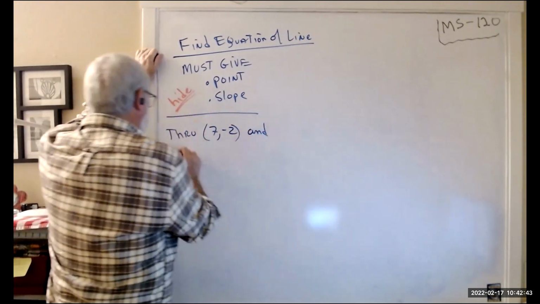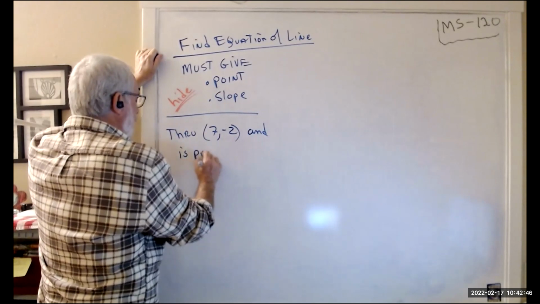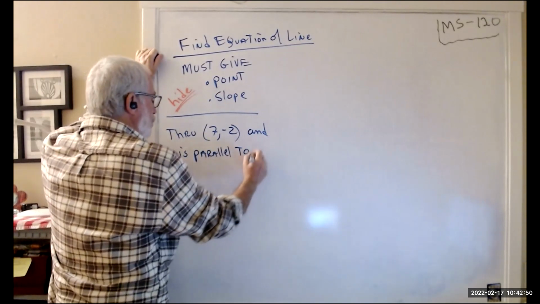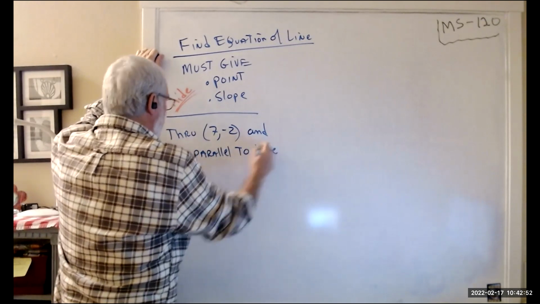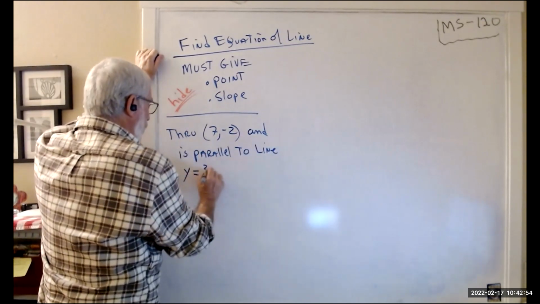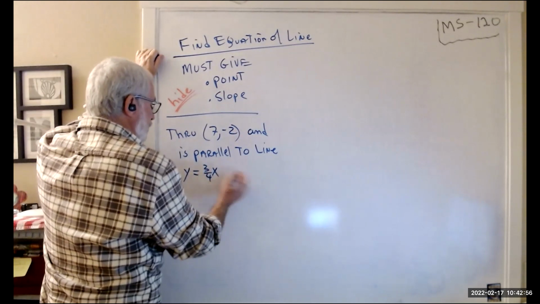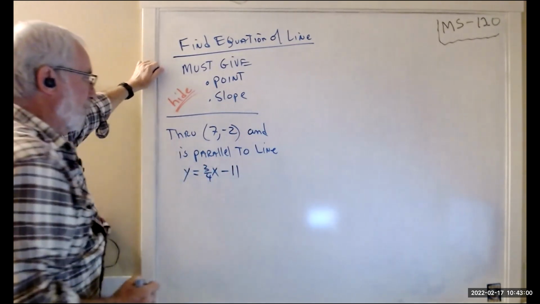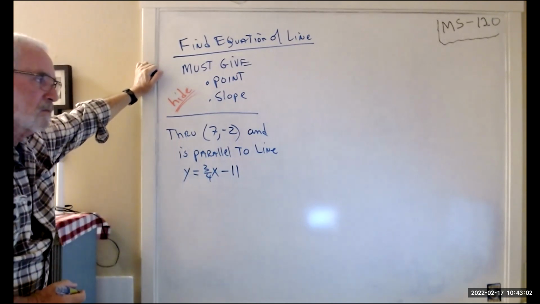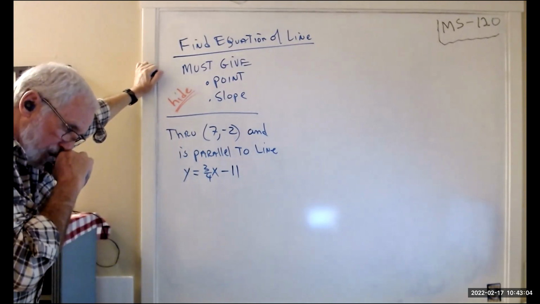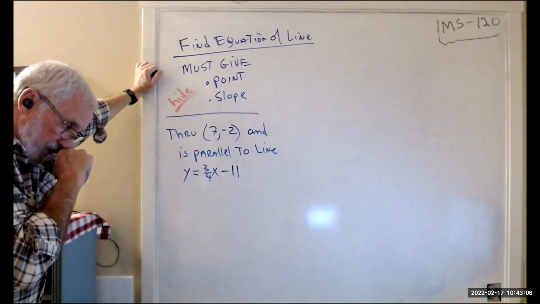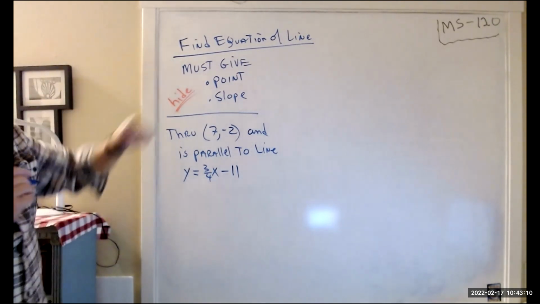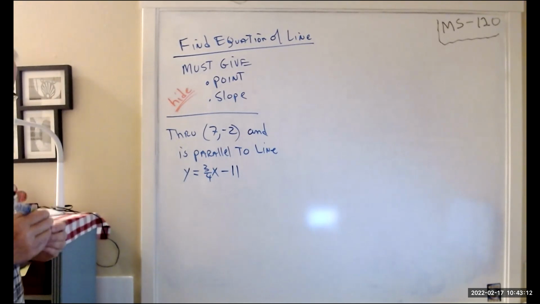And is parallel to the line y equals 3/4 x minus 11. Take a second to write that problem down and look at the work and try to identify what's missing.